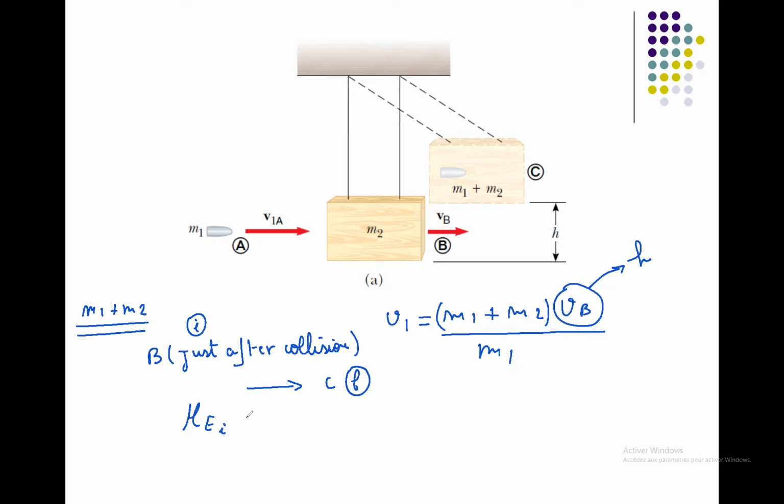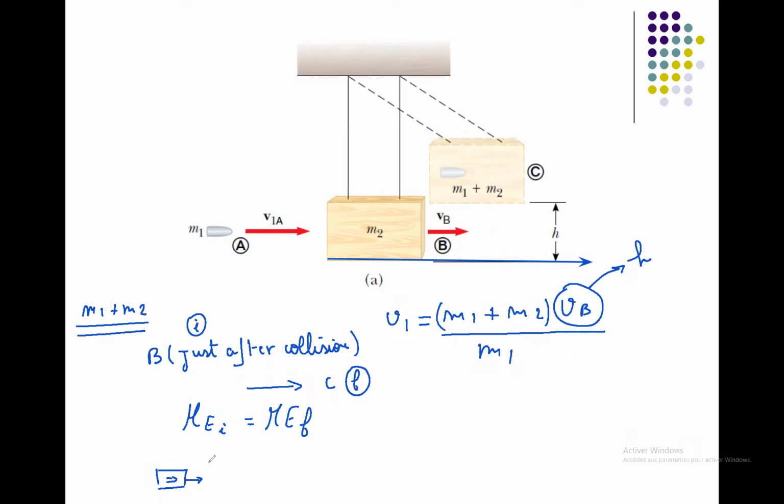Mechanical energy initial equals mechanical energy final. Initially, the system is at this point. We have the block with the bullet with a mass M. This is the lowest level, so we take the reference at this point, and we don't have potential energy.